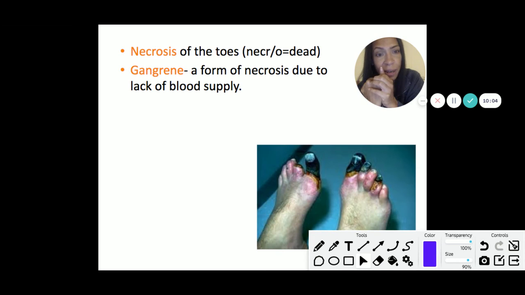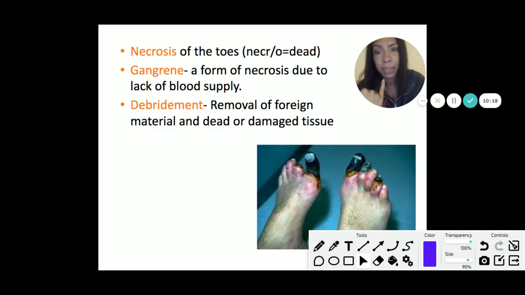And so you're starving it of all of its essentials. And so it essentially dies over time. And once you have something that's dead, you just can't bring it back by returning blood flow. You just can't. So that means that we need to remove that dead tissue in order to keep that decay from spreading into your healthy tissue, in essence.